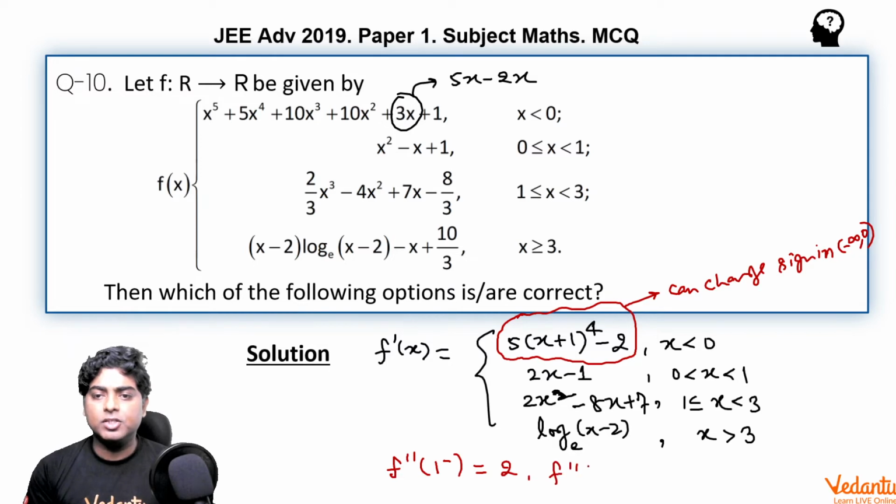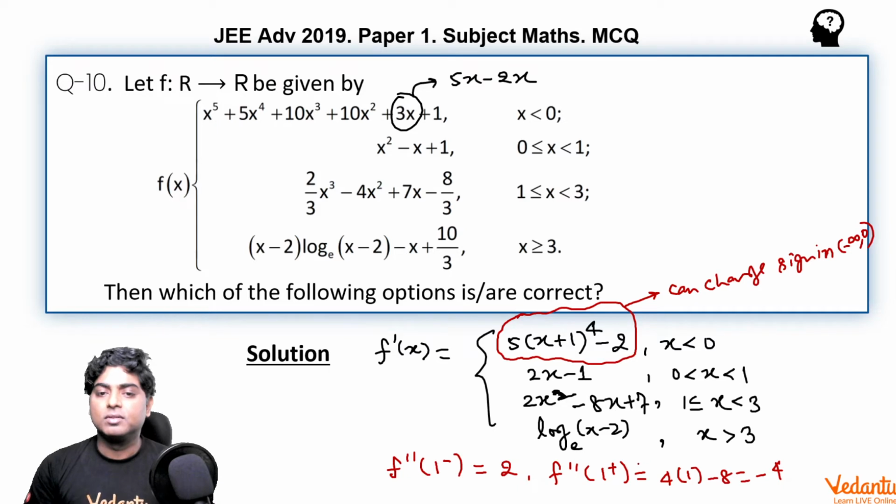However, f double dash at 1 plus would be 4 into 1 minus 8, that is minus 4. They're not matching, right? So f dash is not differentiable because the LSD for f dash is 2 and the RSD for f dash is minus 4. So LSD is not equal to RSD. The f dash function is not differentiable at x equal to 1.